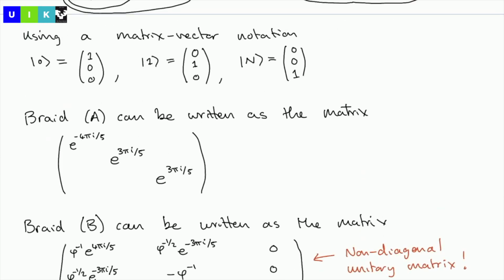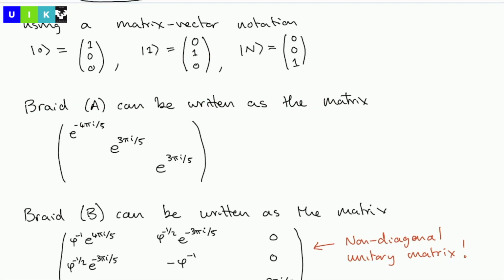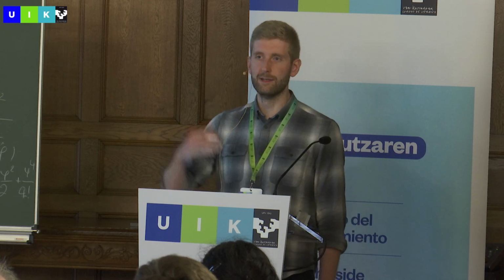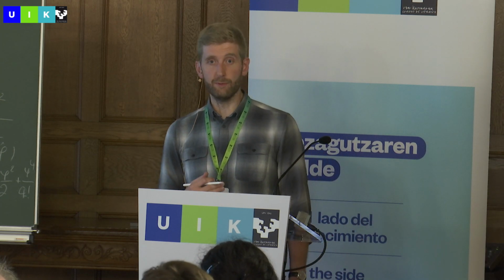All right. So let's introduce a matrix vector notation. Let's just write these three basis states as follows. Then braid A can be written as the following matrix. So each state will stay the same, but it will pick up a phase. And this phase will depend on which state we're in.